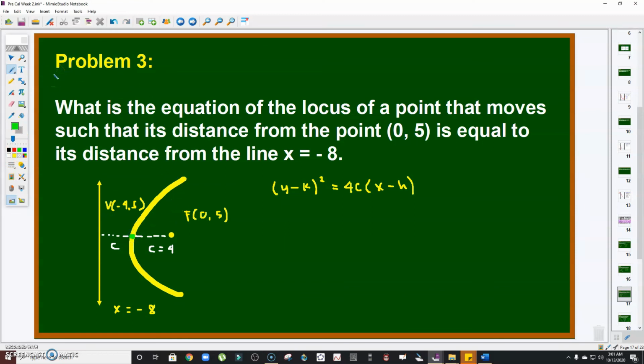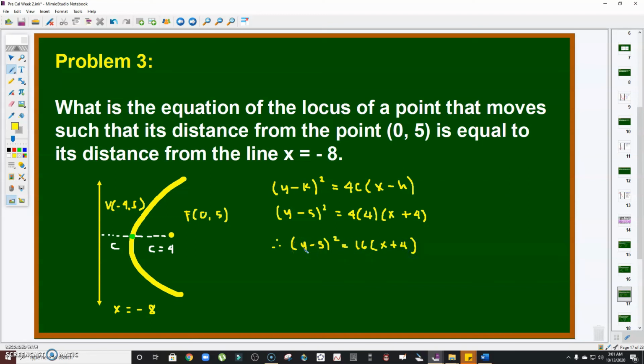So, my k is 5, so y minus 5 squared equals 4c. My c is 4, so that is 4 times x minus h. So, that will be x minus negative 4. There you go. So, therefore, simplify lang natin. Ang equation ng parabola is y minus 5 squared equals 4 times 4, that's 16, times x plus 4.